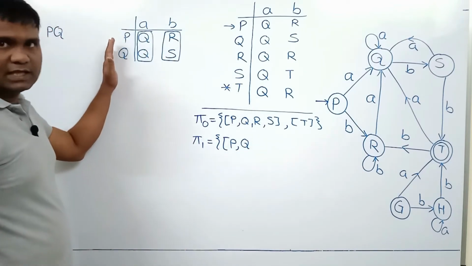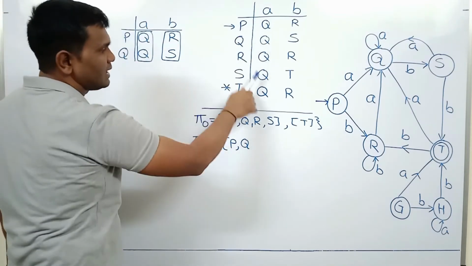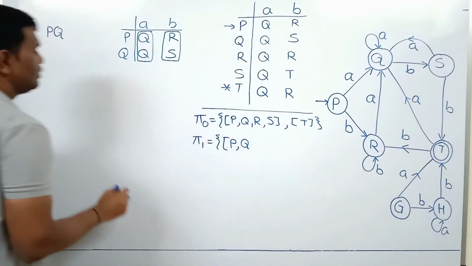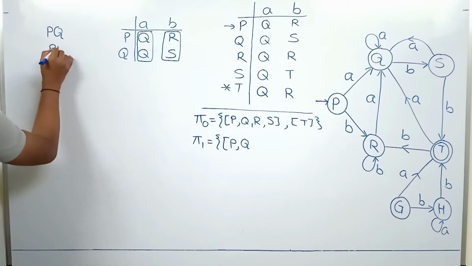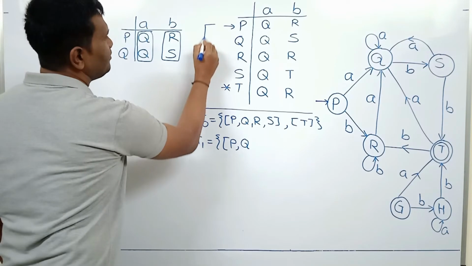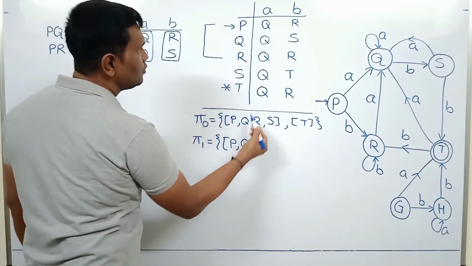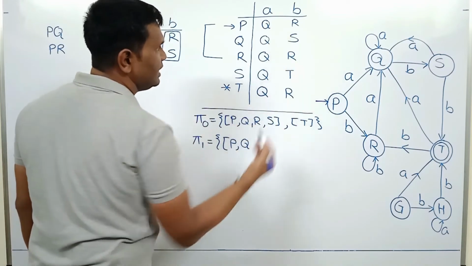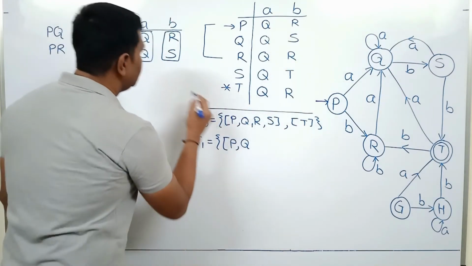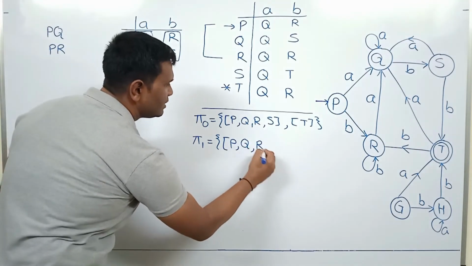So this is only for explanation. We don't have to draw each time. We will check in the transition table itself. Now let's check whether P and R are one equivalent. We have to check P and R. So Q and Q are in the same group. R and R are also in the same group. So P and R are one equivalent.